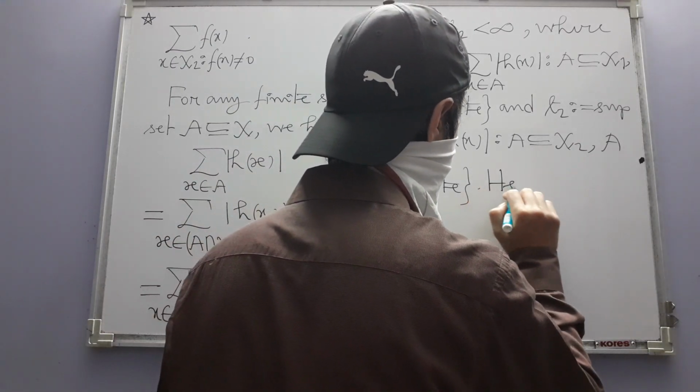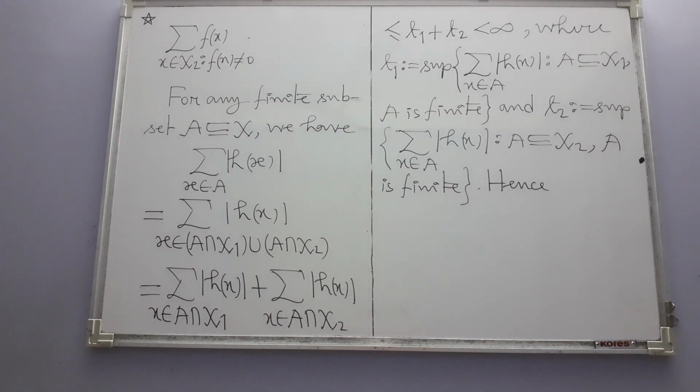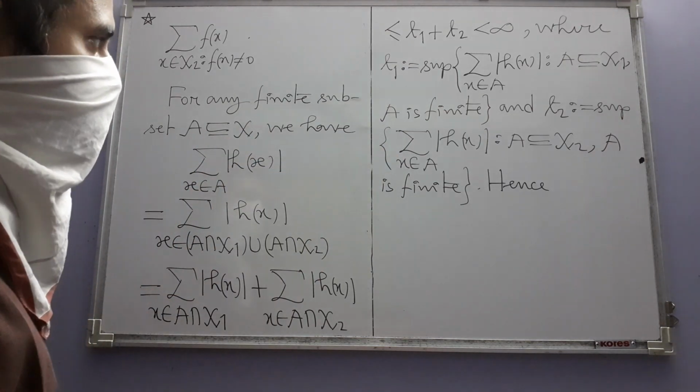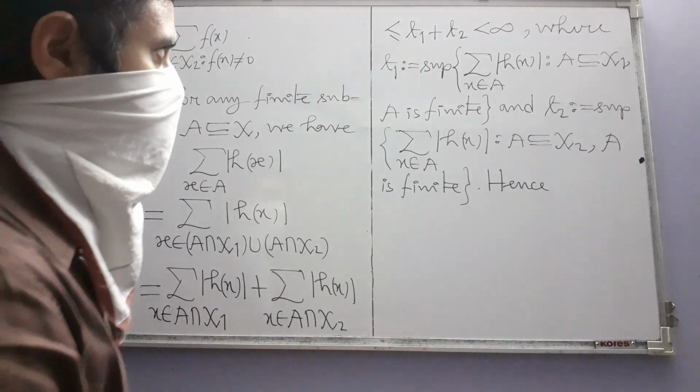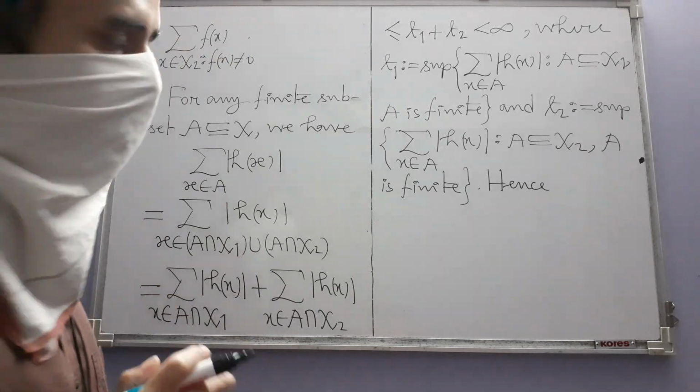Hence, and this tells us what? This tells us that this kind of sums are all bounded from above by a finite number, by a real number.